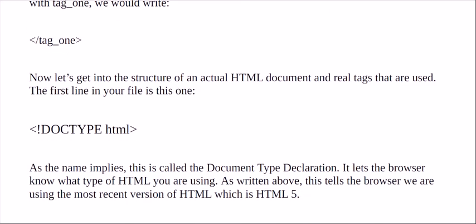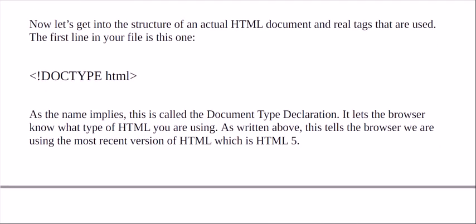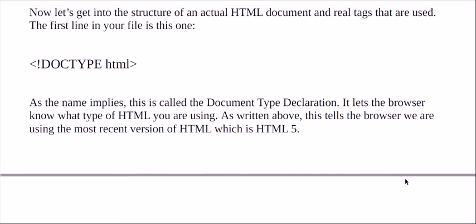As the name implies, this is called the document type declaration. It lets the browser know the type of HTML you are using. As written above, this tells the browser we are using the most recent version of HTML, which is HTML5.